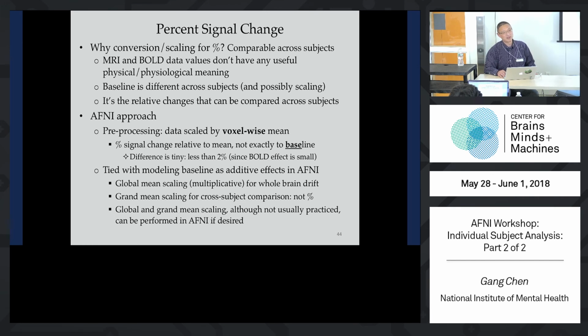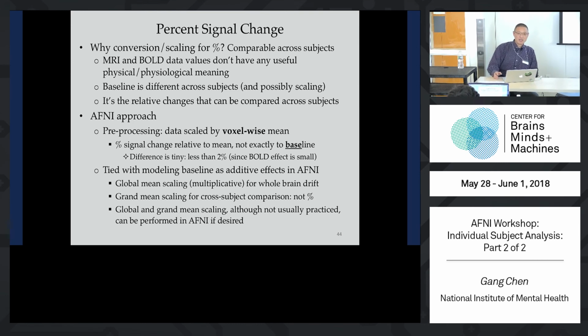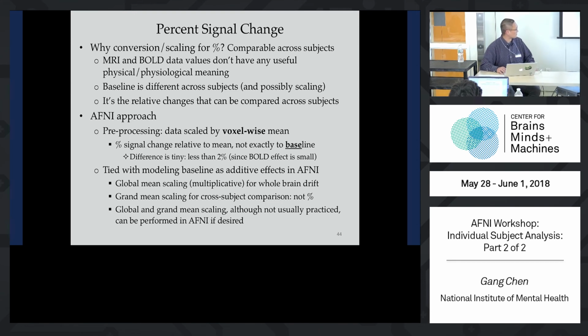Maybe there is, but it's at the border of the brain, the mask. That's easy to take care of. We don't really trust those voxels on the border anyway. Why do we need to sacrifice the interpretability of the beta values just because of those few voxels, right? So that's my argument, my defense of the approach.